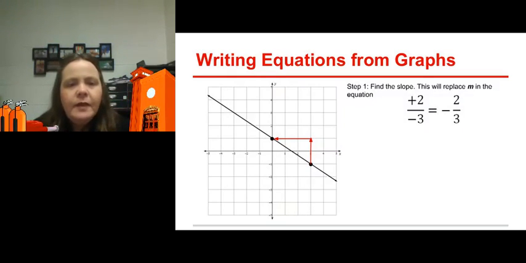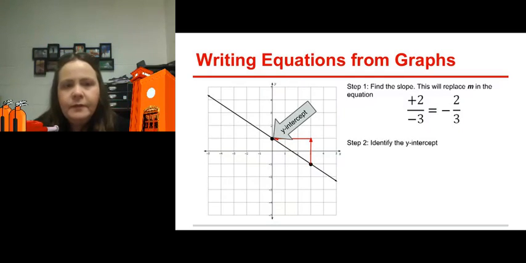Now, the next step in this equation is to identify my y-intercept, because it is slope-intercept form, so I need a slope and the intercept. When I try to identify the y-intercept, I'm looking for where the graph crosses the y-axis, and right there it is. I look at the y-axis, I see where the graph touches it, so my y-intercept in this case is at 1.